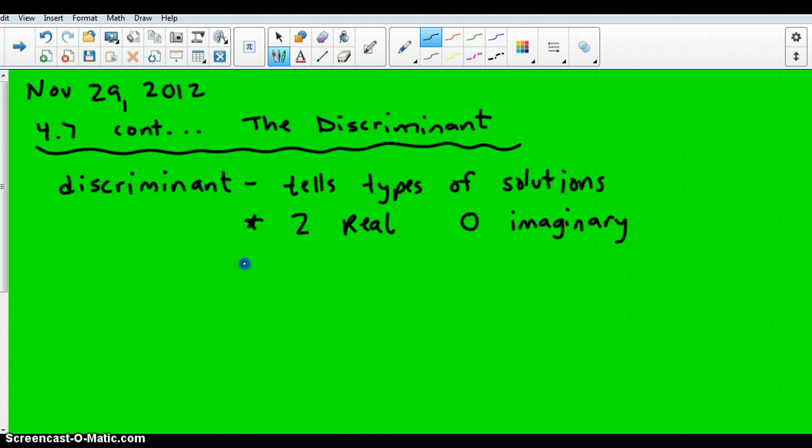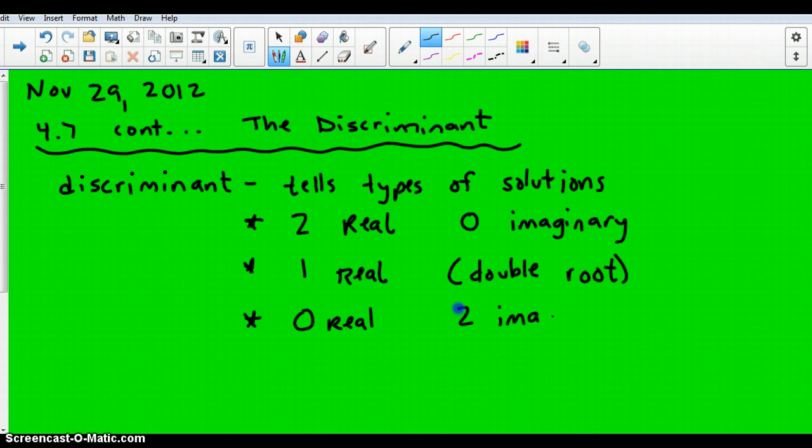That will be next week. It'll tell us if we have 1 real, and we call that a double root. And it will tell us if we have 0 real and 2 imaginary solutions when we're talking about using the quadratic formula.